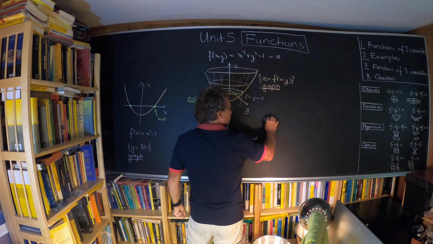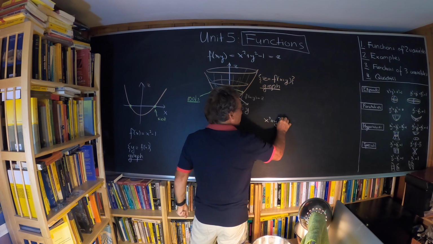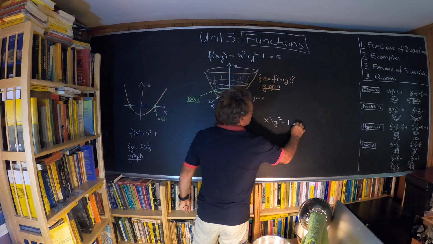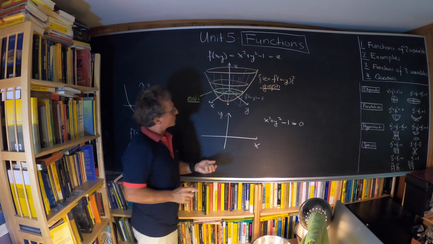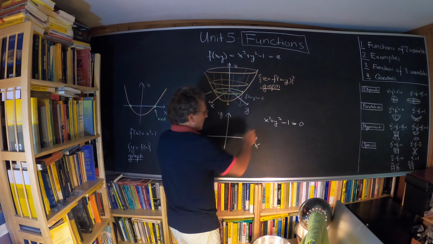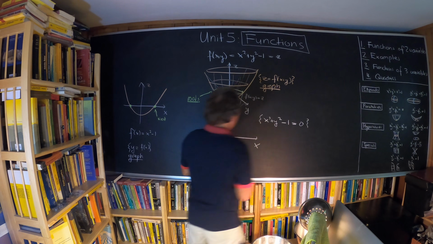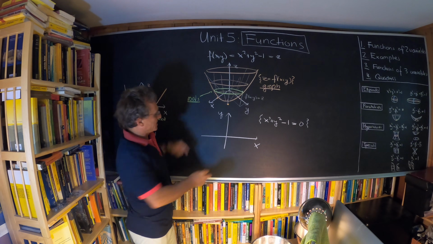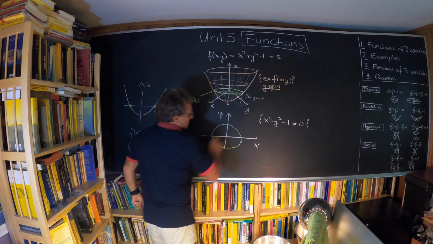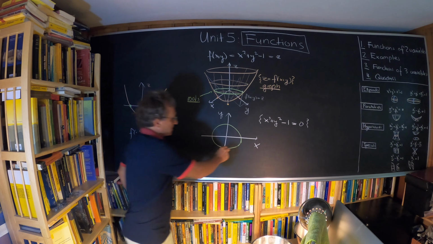So for example, we can draw x squared plus y squared minus 1 is equal to 0. So that's the root, right? This is the place where the function is equal to 0, and these are the roots. And we have already seen it here. So that's a circle, x squared plus y squared is equal to 1. That's when z is equal to 0.